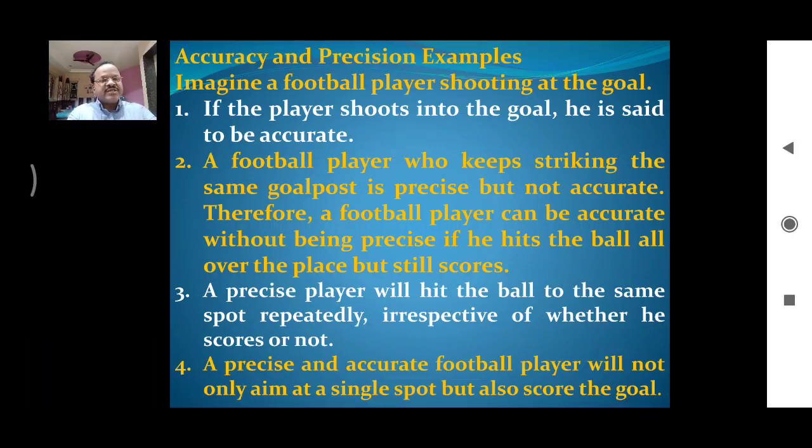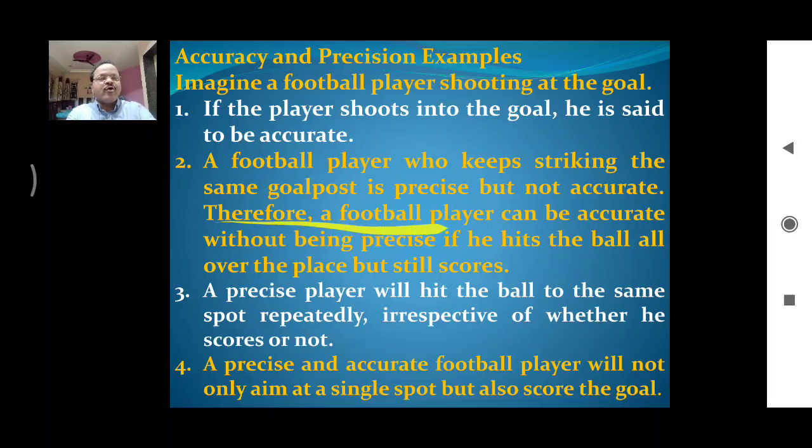He is precise in shooting the ball in the goal post, but he is not considered accurate because in the first attempt he shoots in the left corner, in the second attempt at the right corner of the goal post.